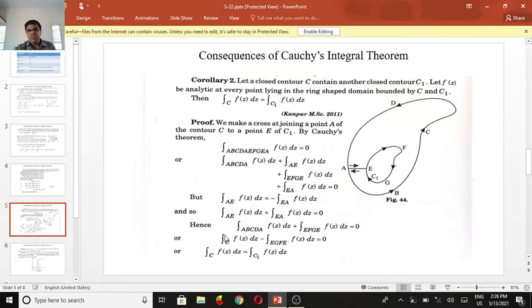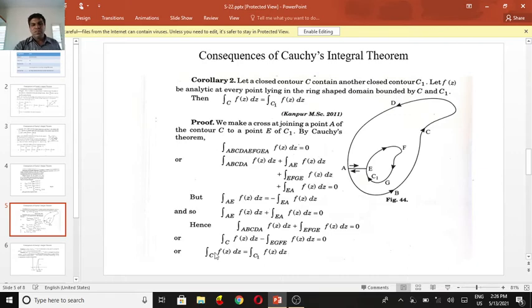That is, the integral over C of f(z) dz minus the integral over C1 of f(z) dz is zero, so the integral over C equals the integral over C1. This is the consequence of Cauchy's integral theorem: the integral over the outside curve is equal to the integral over the inside curve C1.